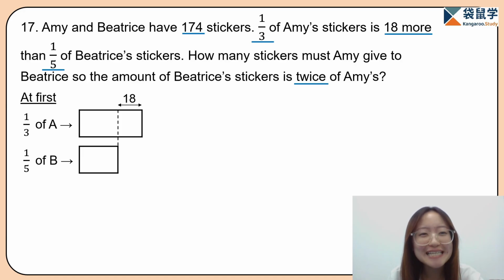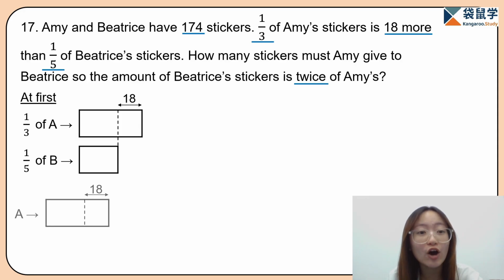Okay, now let's see what other information we have from the question. From the first sentence, we have the total stickers. But can we add it to our model over here? No, right? Because this is just one part of Amy and one part of B. So, let's draw both of their total models. Let's start with Amy. From what we have drawn, we have one part of A. How many parts will Amy have in total? 3 parts.